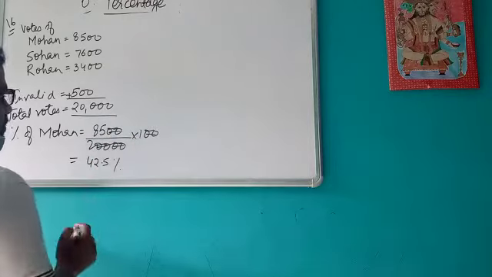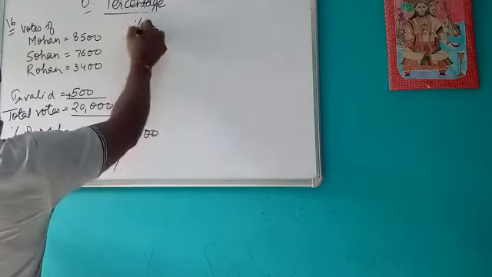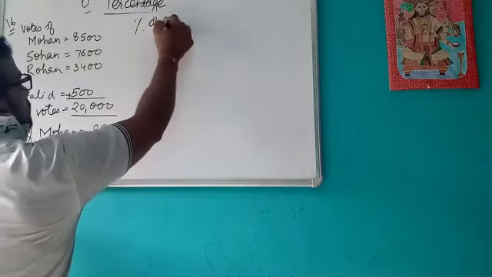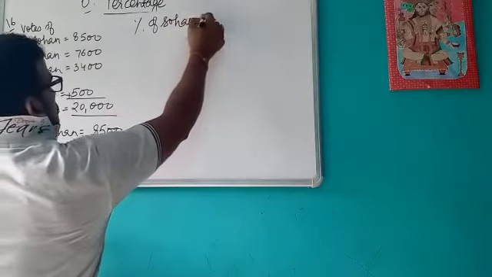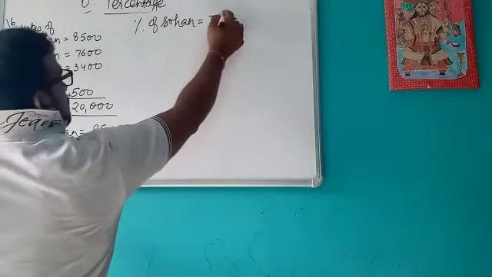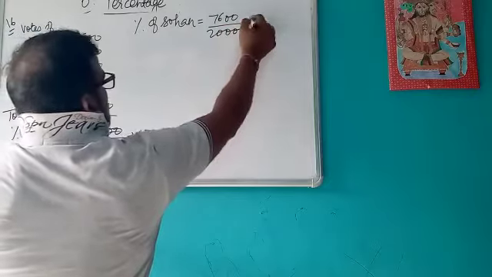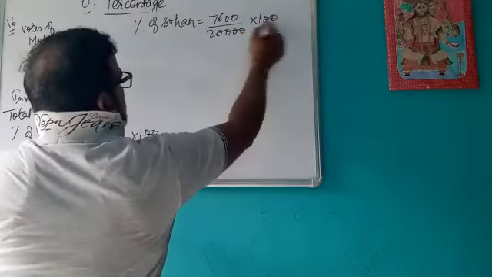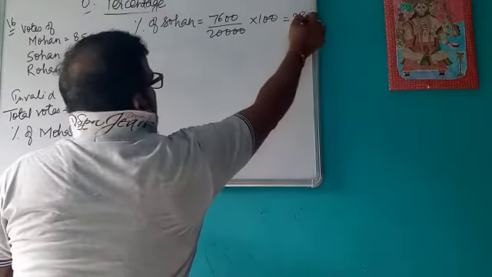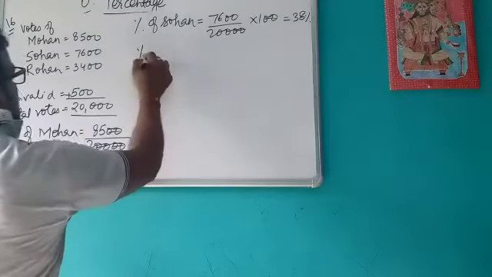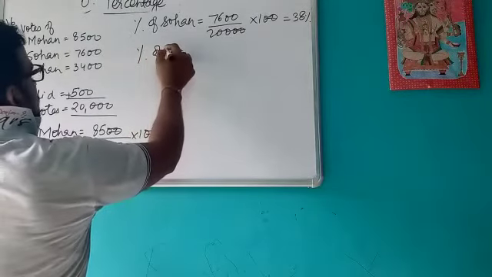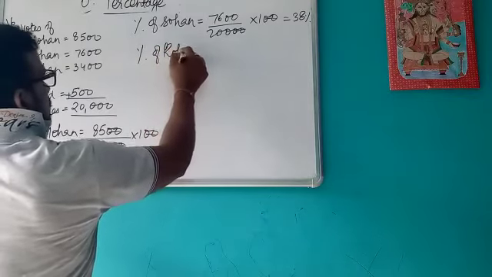42.5%. Okay. Then we have to calculate the percent of Sohan. So Sohan got how much? 7600 upon 20,000 into 100, that is 38%. Then we have to calculate the percentage of Rohan.